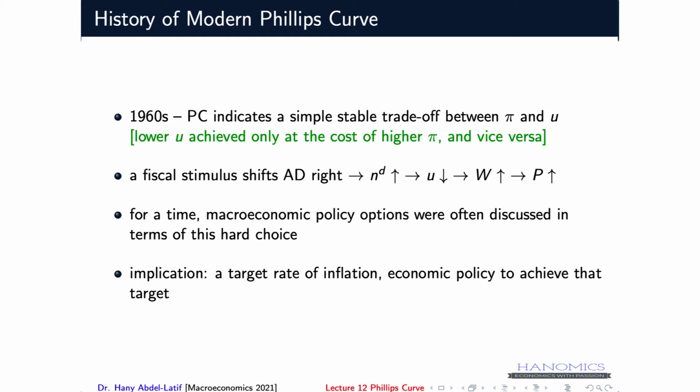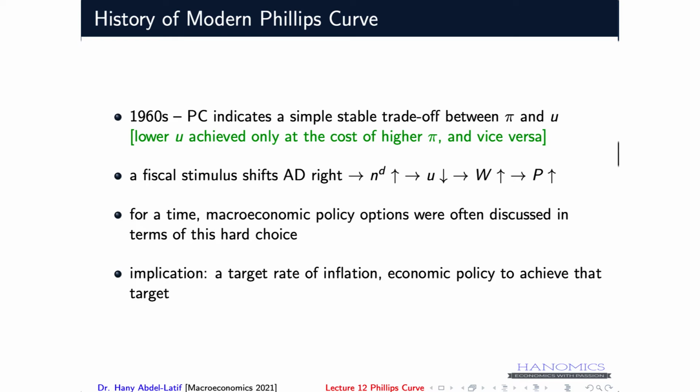Because this is a cost for firms, if they pay higher wages, that will translate into higher prices. And you can see now the rationale here is that a low unemployment rate will be associated with a higher level of prices, or a higher inflation rate.